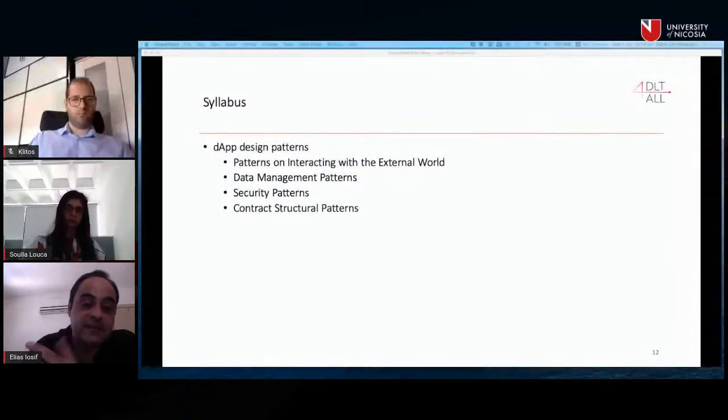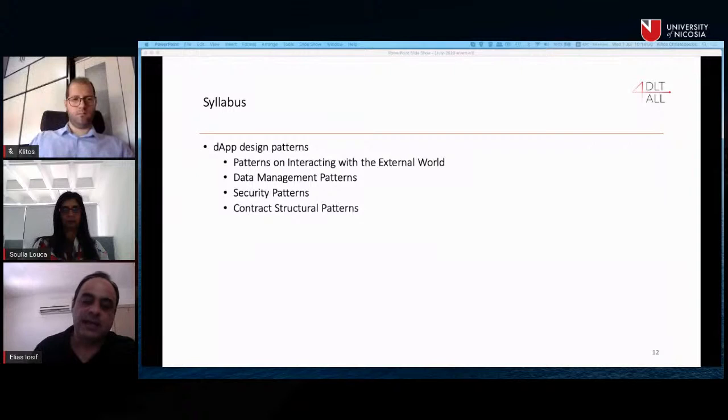And we are trying to identify. We have identified 4 families of such patterns which can act as templates, that is, generic guidelines during the design as well as the analysis of such systems.